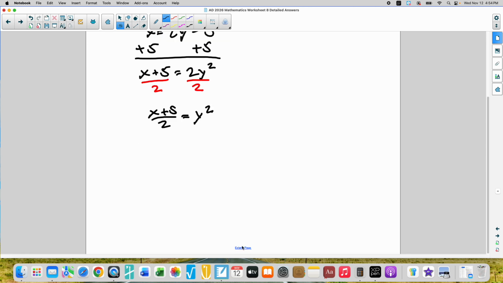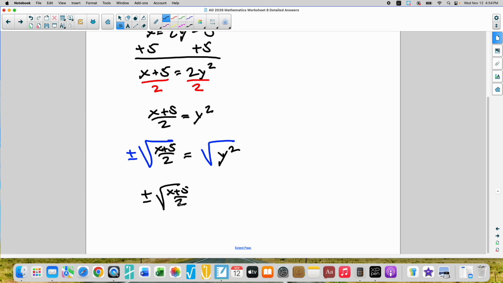Now, let's take the square root of both sides. And I think I'm going to do plus minus here. And we get x plus 5 over 2. So your answer is plus or minus the square root of x plus 5 over 2.